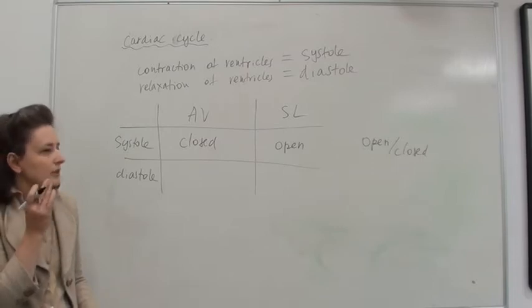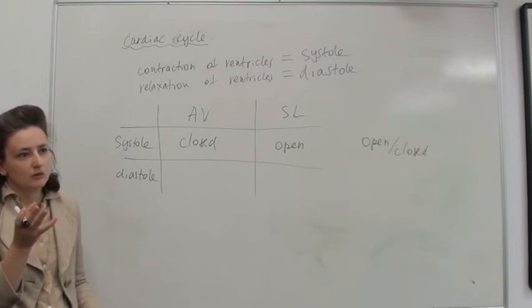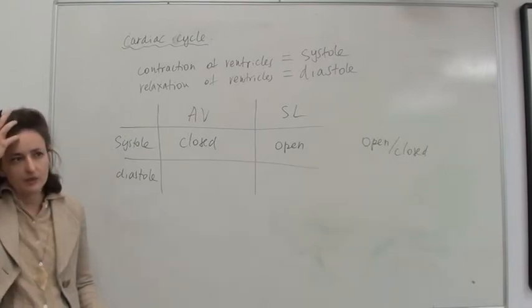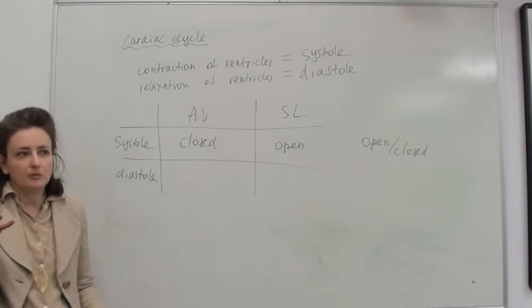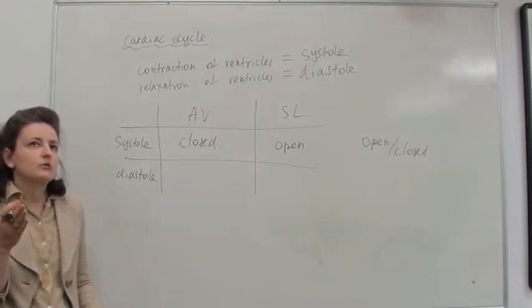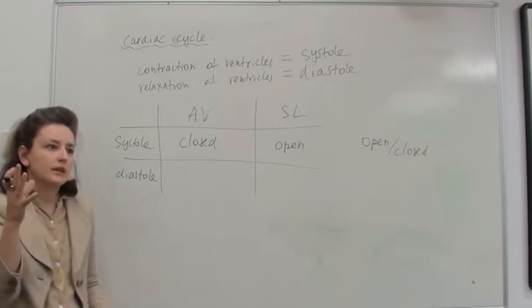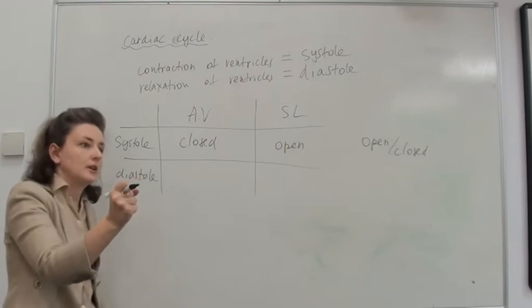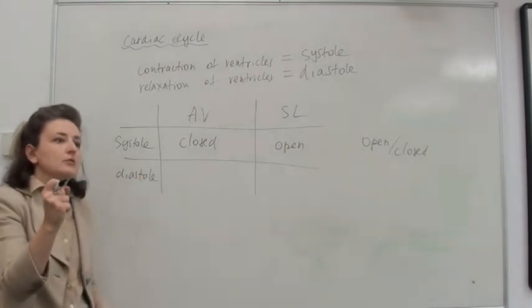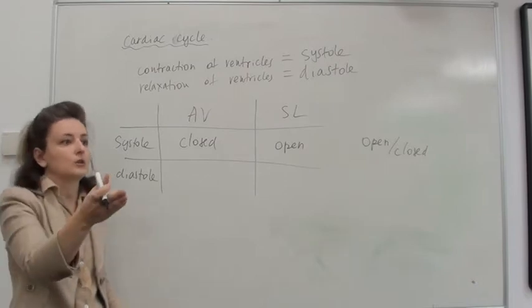Right. So if we think about it, when I'm contracting the ventricle, and Terry had an example of the left side, what I'm really trying to do is send that blood towards your body. So I need as much of a push as I can possibly create to send as much blood as I can into the aorta.